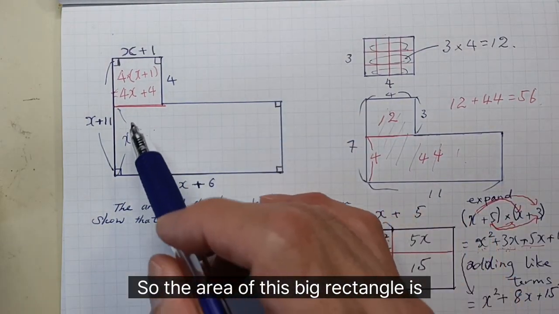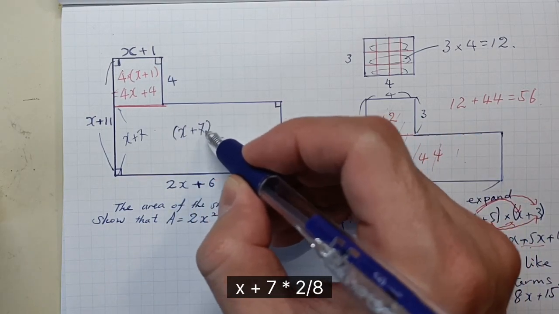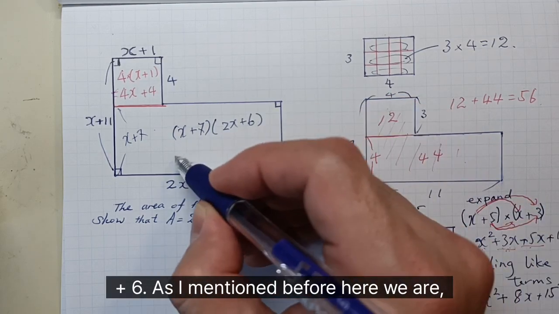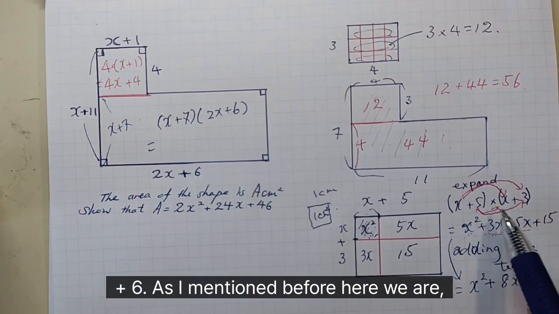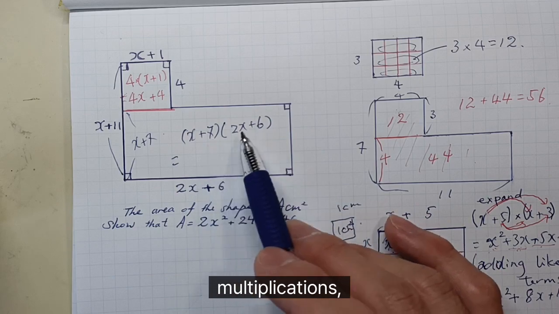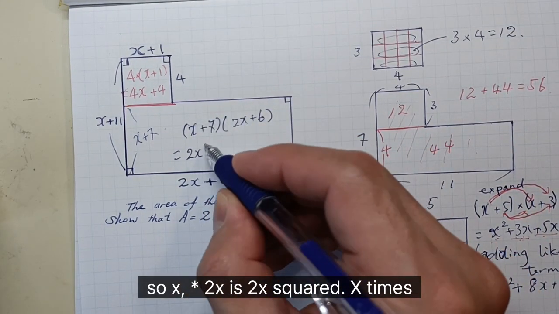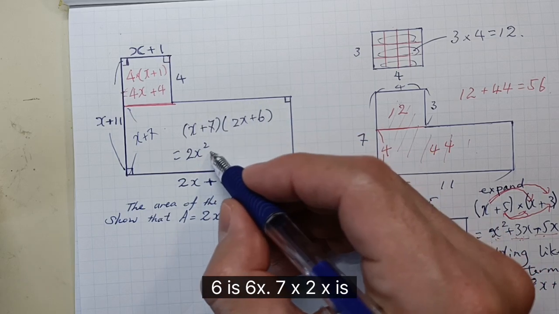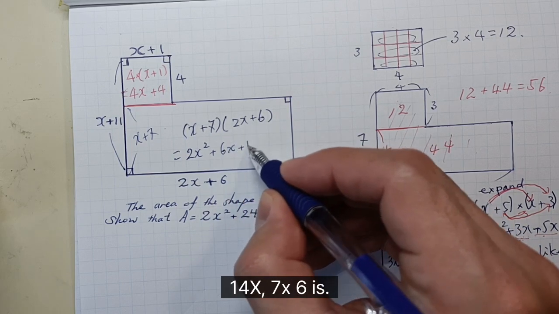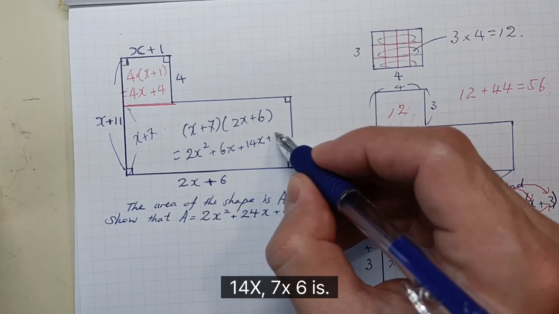So the area of this big rectangle is x plus 7 times 2x plus 6. As I mentioned before, we are expanding this one by 4 multiplications. So x times 2x is 2x squared. x times 6 is 6x. 7 times 2x is 14x. 7 times 6 is 42.